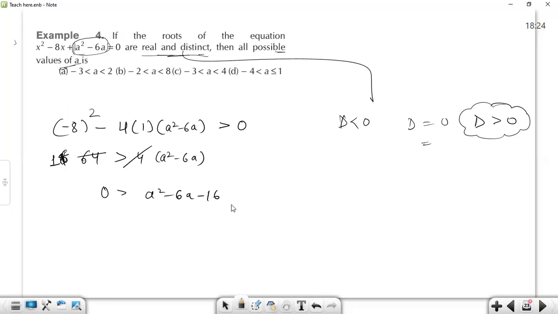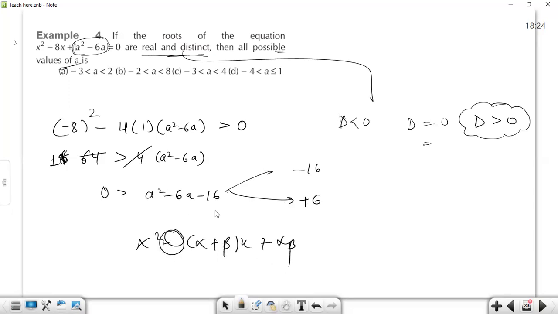This is another quadratic equation now. Let's find out its roots. So we require two numbers whose product is minus 16 and whose sum is minus 6. No, sorry, whose sum is plus 6, because whenever we write a quadratic equation in the form of roots, there is a negative sign here, so the sum of roots should be positive 6.